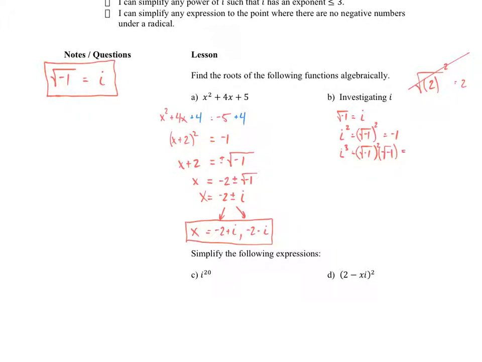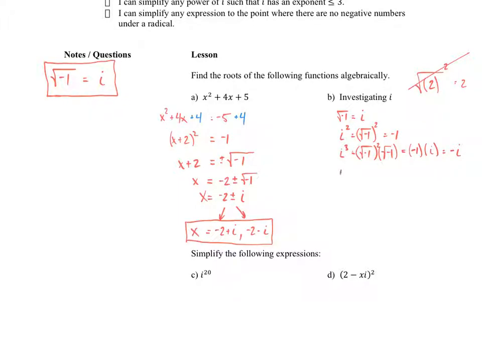So the square root of negative 1 squared is negative 1, and the square root of negative 1 is i. So i cubed is just negative i. And we just multiply those two things. At this point, we're treating i like it's a variable, like x or y or something like that.